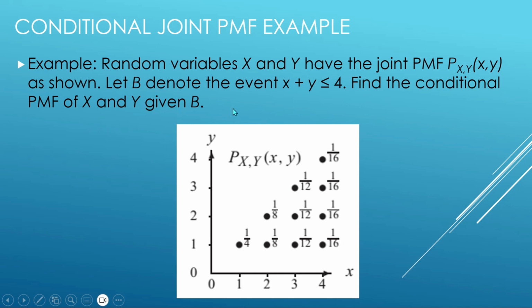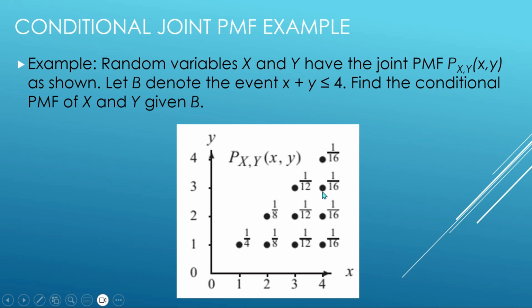First of all, we will go through this figure over here. What it tells us is that if the value of x is 1, and the value of y is also 1, then the probability of x comma y is equal to 1 by 4. If the value of x is 2 and value of y is also 2, then it is 1 by 8.